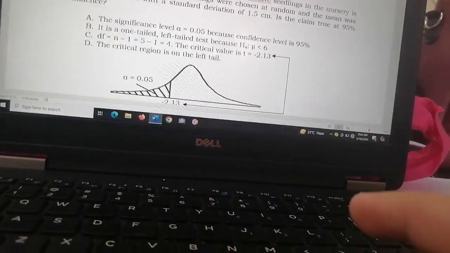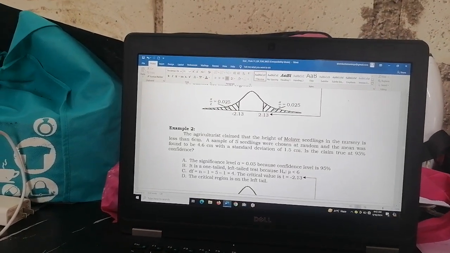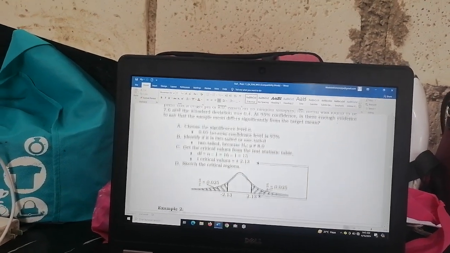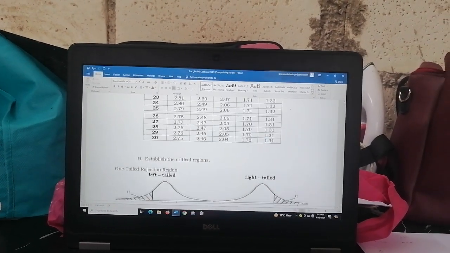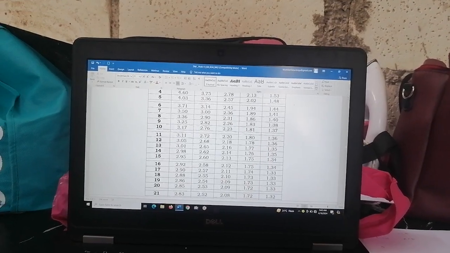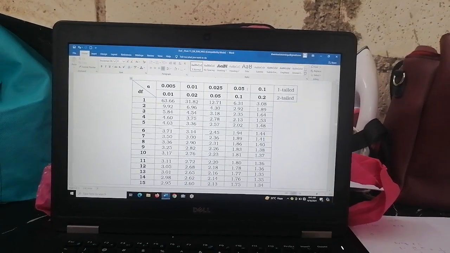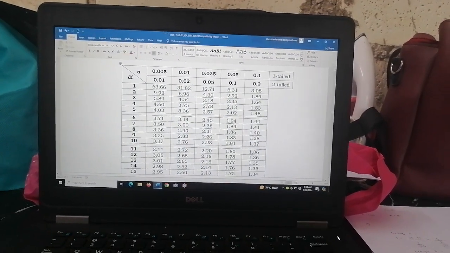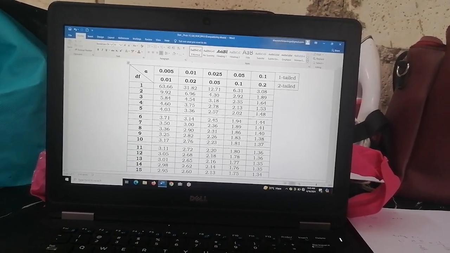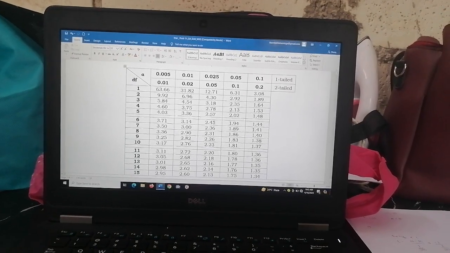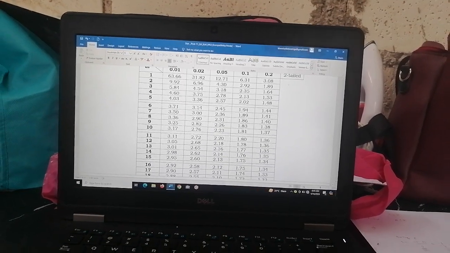So, let us check it in the T table. Here, 4 and one-tailed, and the alpha is 0.05. One-tailed with alpha 0.05 and 4 degrees of freedom gives 2.13. And because it is left-tailed, it means our critical value is negative.